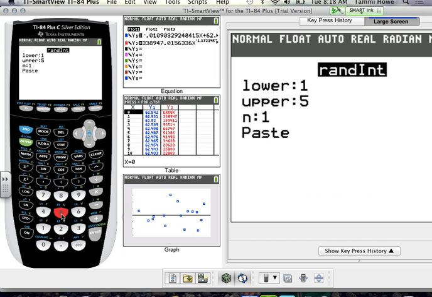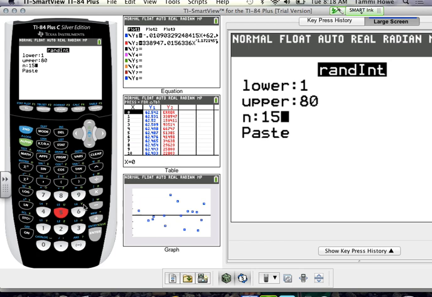Random integer takes in three numbers: a low, a high, and how many we want. The low number that we assigned was 1. The high number that we assigned was 80. And we said that we wanted 10 random numbers, so maybe we make this 10. I have a tendency to do just a little more than I want because it's possible that I could get repeats.